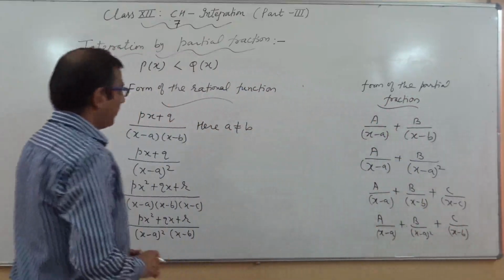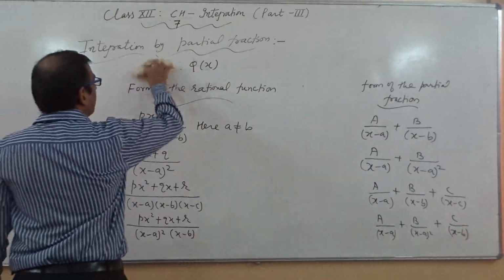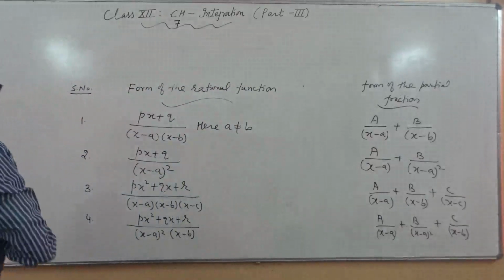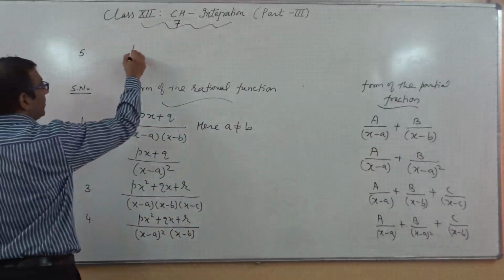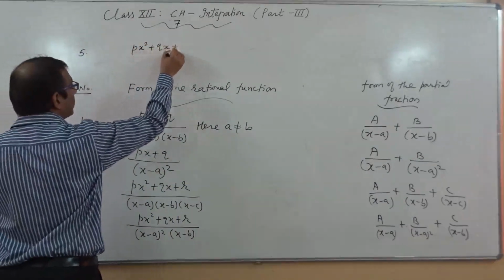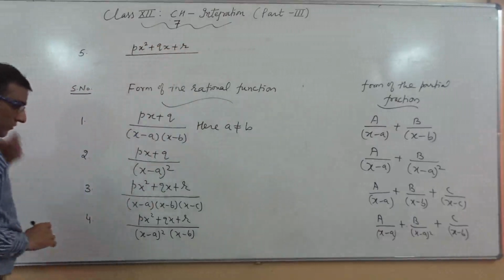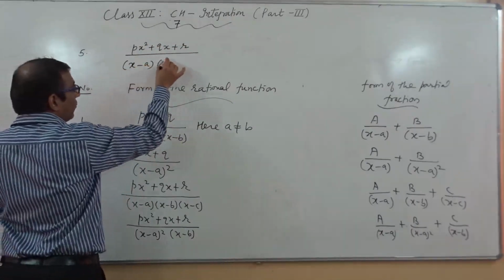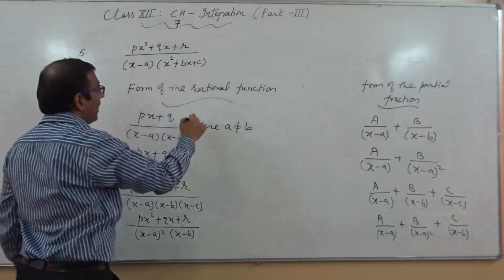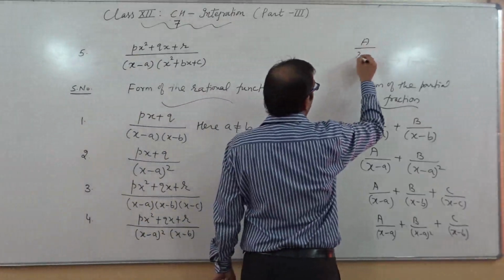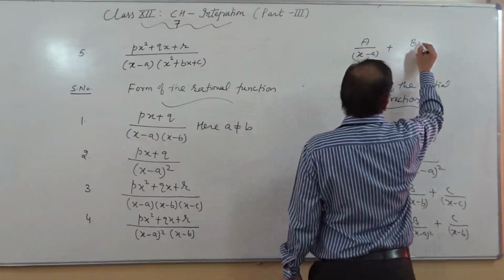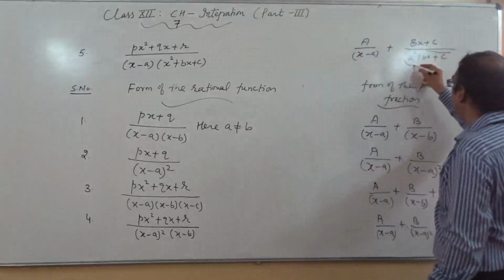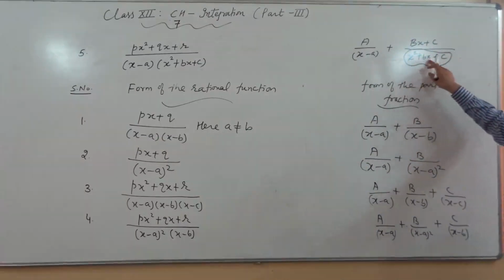Now the last situation, that is the fifth situation. If this type of rational function is given, (px square plus qx plus r) upon (x minus a)(x square plus bx plus c), then it can be written as A upon (x minus a) plus (Bx plus C) upon (x square plus bx plus c), where we can't factorize x square plus bx plus c further.